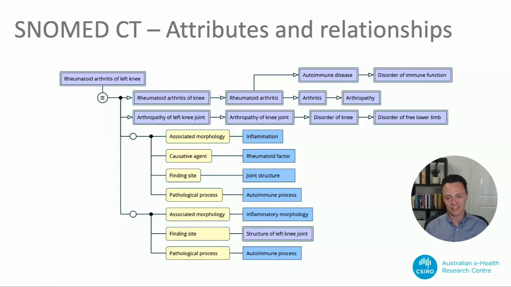SNOMED CT is a knowledge resource that contains hundreds of thousands of concepts and has been curated by clinicians over the course of decades. It is a rich source of information about the meaning of diagnoses, observations, procedures, medications, and many other concepts routinely used in the recording of health records.